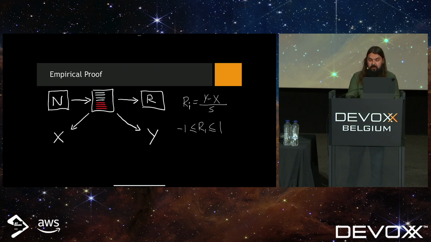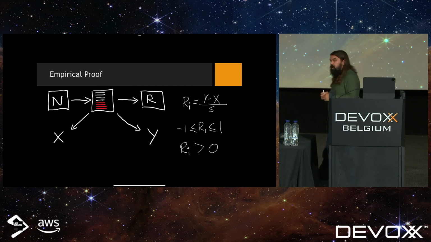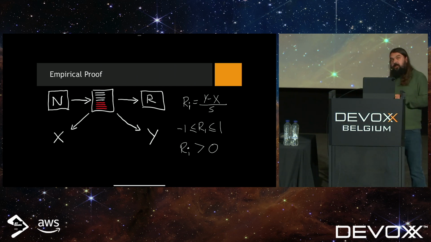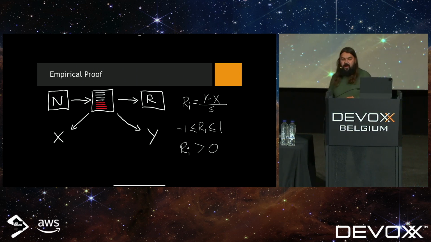And this will give us a result between -1 and 1. And it's called the residual index. And if the residual index is greater than 0, then we've done useful work as architects. And as architects, being able to prove that you've done useful work, that will be the first time we're ever able to do that, which is a huge step forward for our profession.